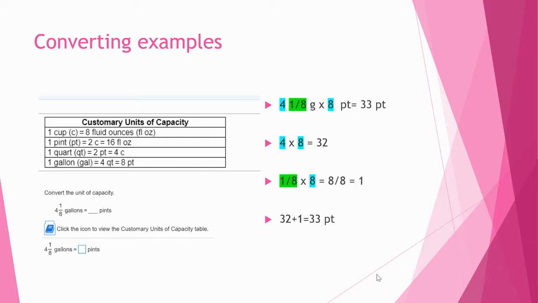So what you had to do was first multiply the 8 times the 4 whole gallons. That gave you 32 pints. Then multiply the 8 times the fraction 1/8, which is 8/8, which is, from what we know, equal to 1. Then you added the 32 pints you got plus the 1 pint that you got, and that gave you 33 pints.